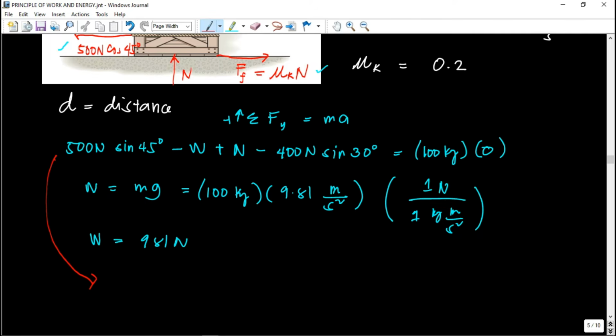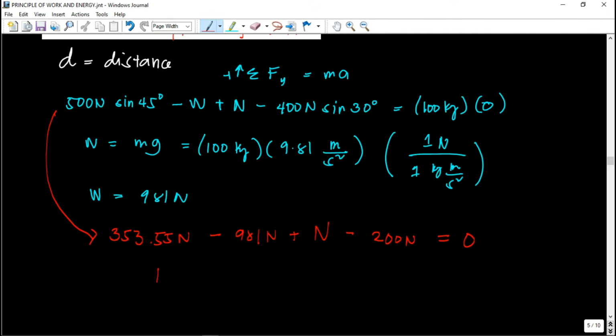This is 353.55 newtons, minus the weight, which is 981 newtons, plus N, the normal force, minus 400 newtons times sine 30, which is 200 newtons, and that is equal to 0. Let's extract N.